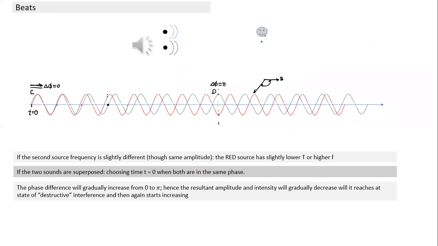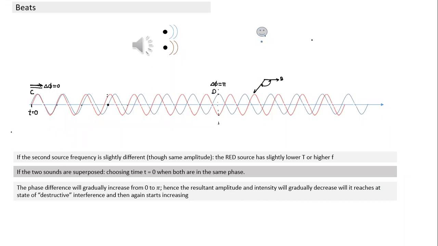So let's continue further. We are talking about the case of beats: two sources, waves traveling in the same direction. Both waves, when they reach here, have equal amplitude, but the frequency is slightly different. If the frequency is slightly different, the phase difference will keep on changing.